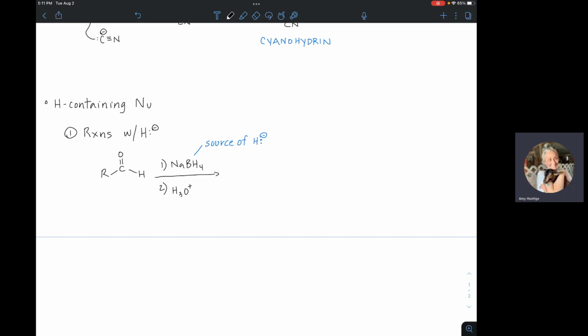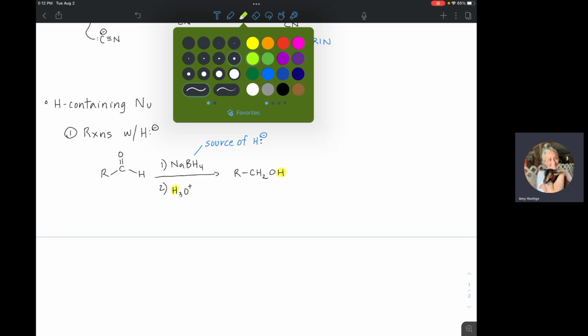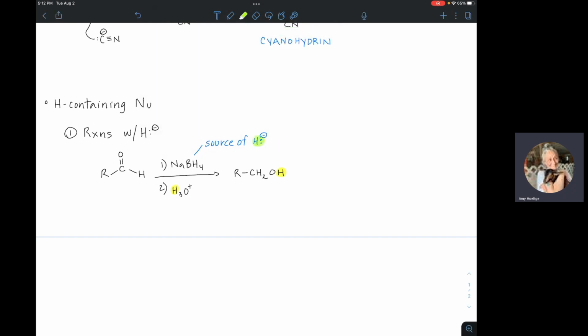So this is just like any other nucleophilic addition reaction. So in other words, that will be there, and the source of H minus will go on the carbonyl carbon.